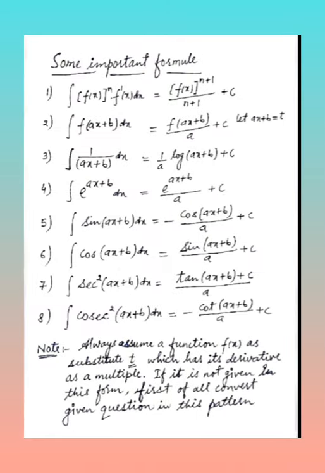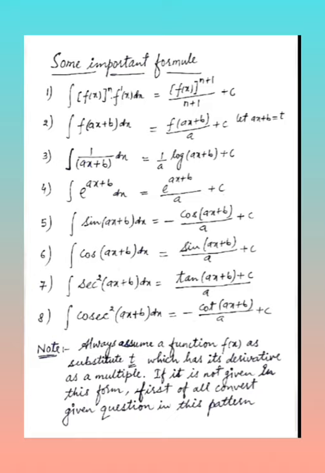There are some important formulas for the substitution method. Formula first is integration of f(x) raised to power n into f'(x) dx results in f(x) raised to power n plus 1 upon n plus 1 plus c. Formula second is integration of f of ax plus b dx.